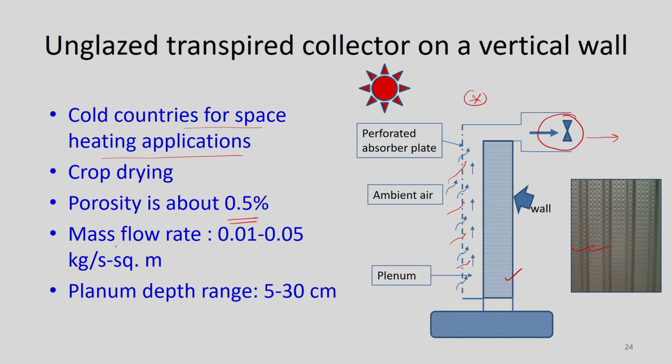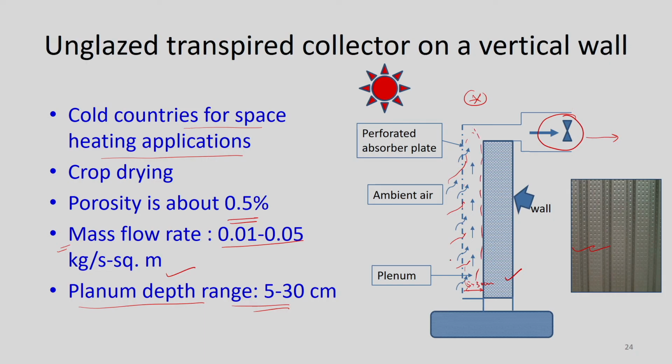As per the investigation, the mass flow rate varies from 0.01 to 0.05 kg per second per square meter, and the plenum depth ranges from 5 to 30 centimeter. So, this portion is known as the plenum.